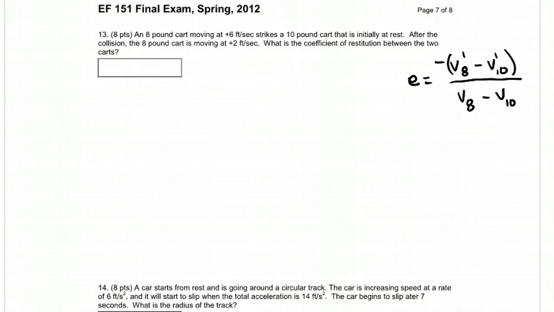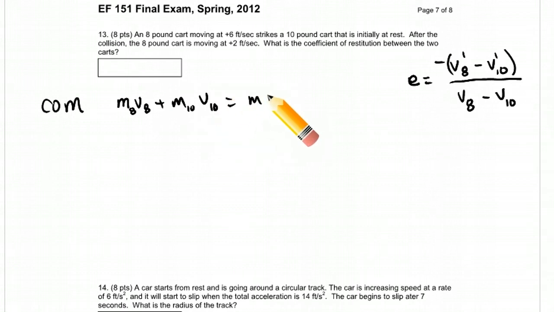Okay, but we also need to use conservation of momentum. Momentum is conserved, as we'll assume no external forces in the direction that they're moving. Conservation of momentum says the mass times the velocity of the 8-pound plus the mass times the velocity of the 10-pound is the same before and after.